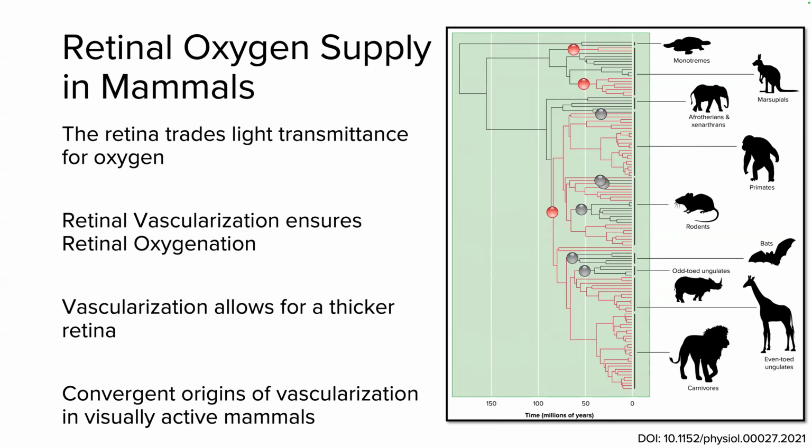So that could be a rhino or a bat or some other species that are less reliant on vision. So this data on mammals suggests that oxygen supply is linked to the evolution of a higher visual acuity within mammals. So that oxygen and vision are linked in these animals.